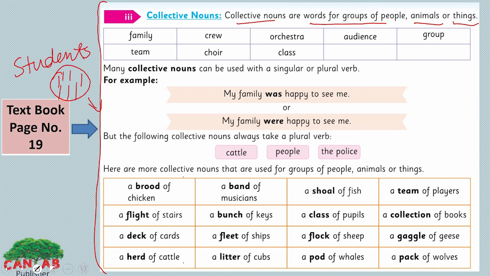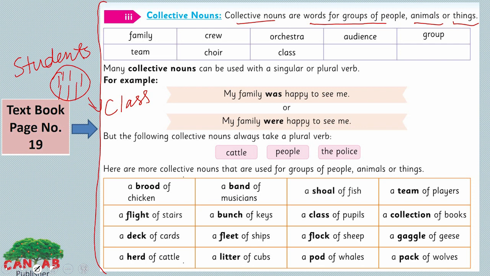First there was only one student, then other students joined together and it became a group and it has a specific name. The group of students has a specific name and it is called a collective noun, and it is called class. Yes, we will call a group of students a class, a collective noun.